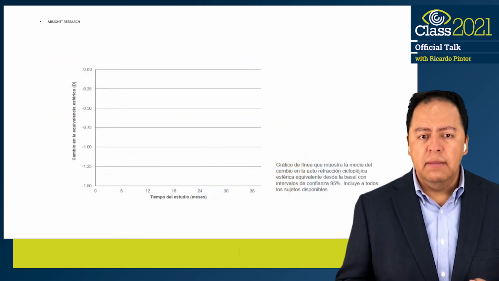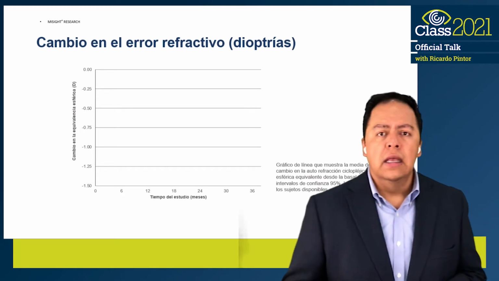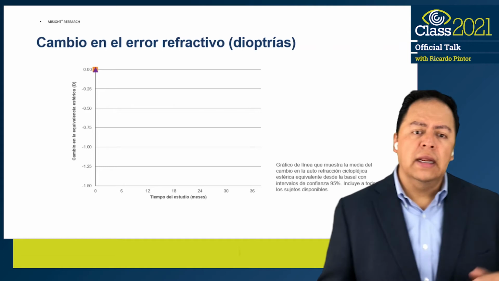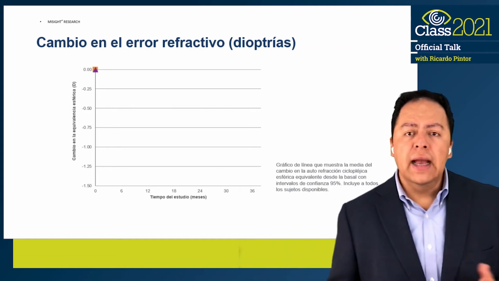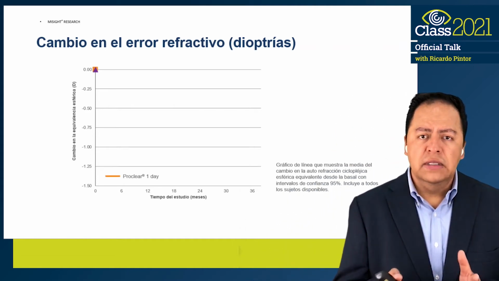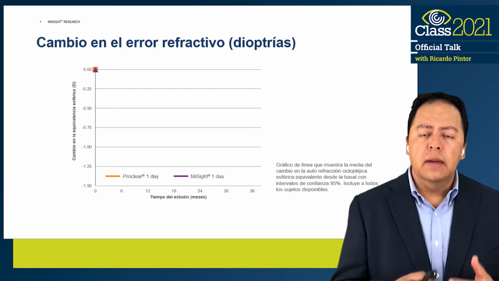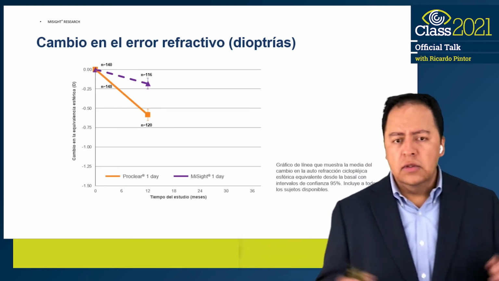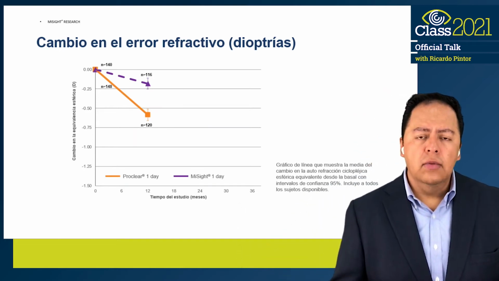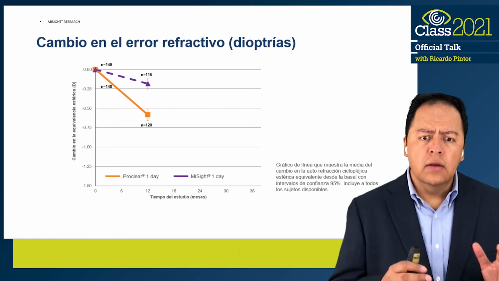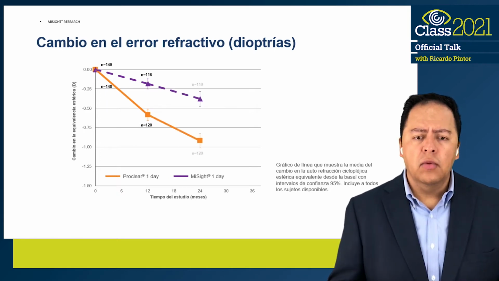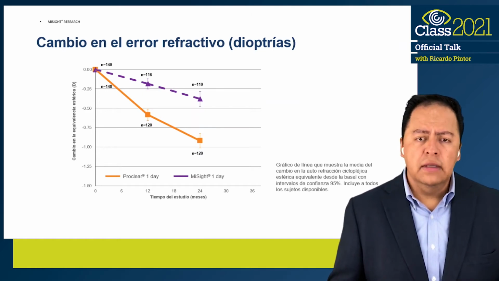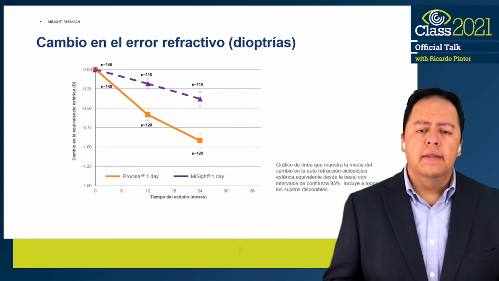And in fact, I would like to show you here some of the main publications for this type of study. We have a relationship that speaks of the refractive change that the patients present and the change in terms of axial length. This study was carried out with children in a multi-center study, where a control group with disposable single-day contact lenses ran simultaneously with the children using MiSight lenses.